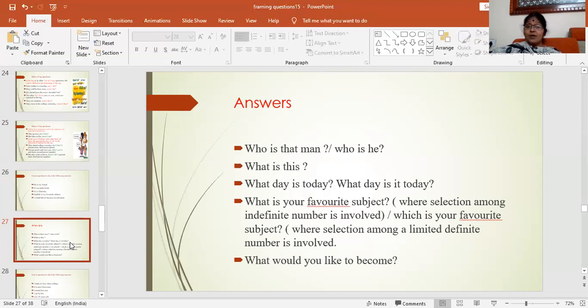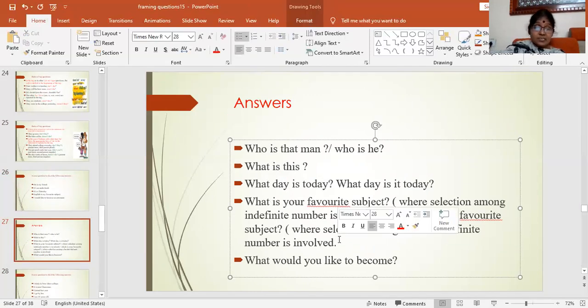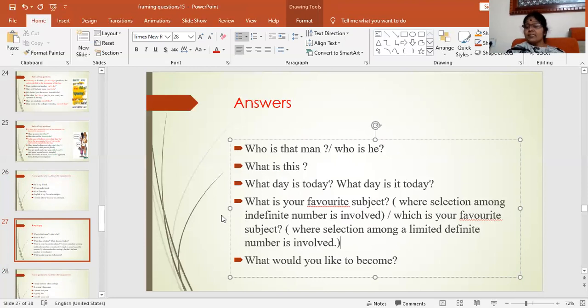Where selection among a limited definite number is involved, you ask, which is your favorite subject? You use "which" where your selection is from a limited number. But "what is your favorite subject" I ask where selection among an indefinite number is involved, right?